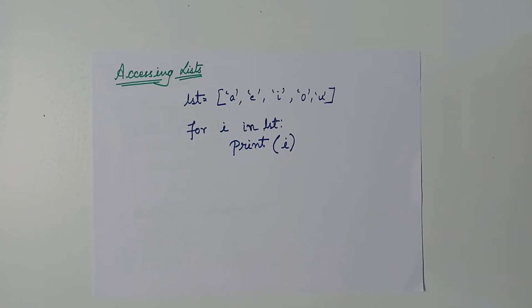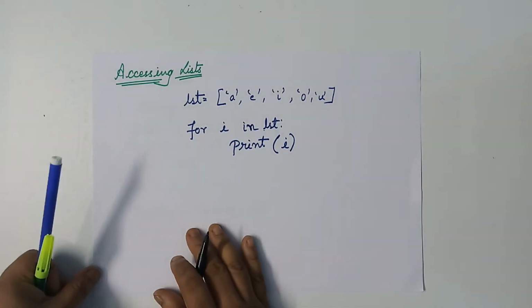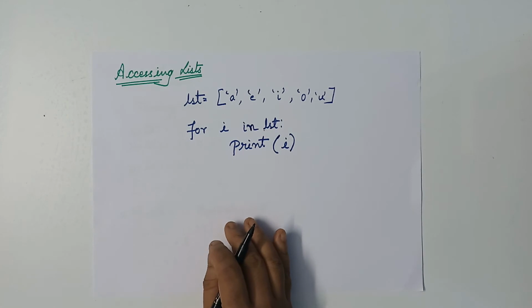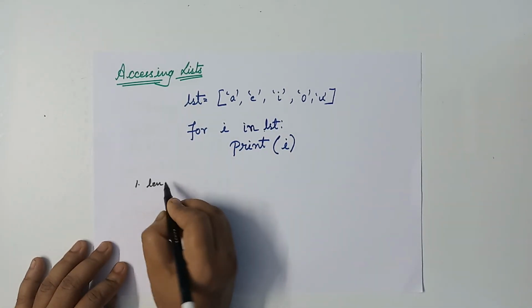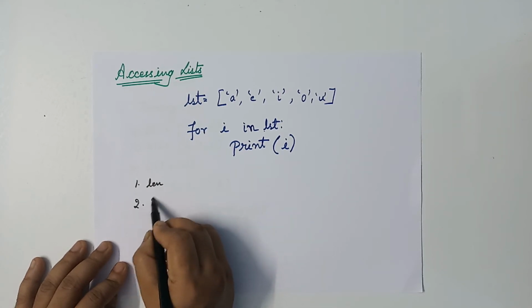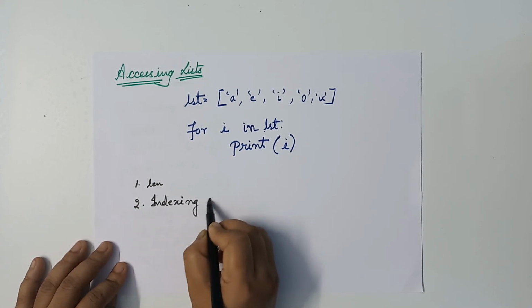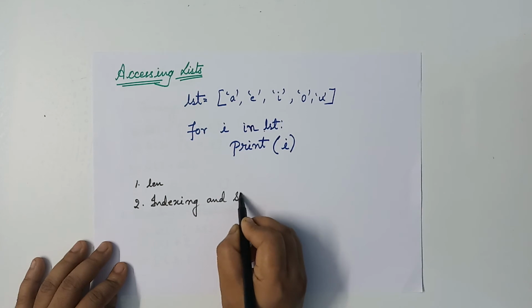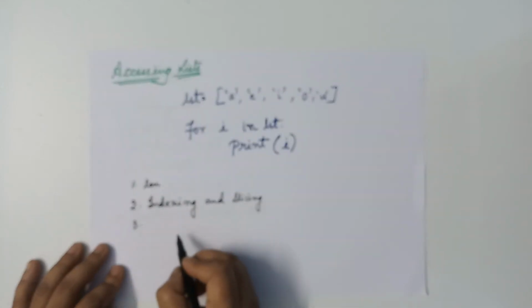There are some similarities between list and string. What are they? First, we can use the length function to find out the length of the list. Second, we have the concept of indexing and slicing as we had in string.